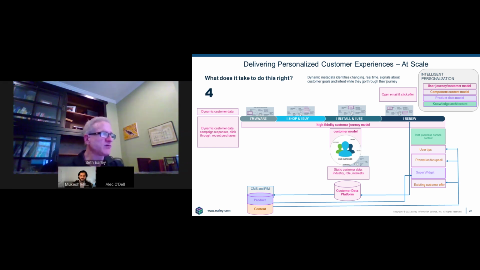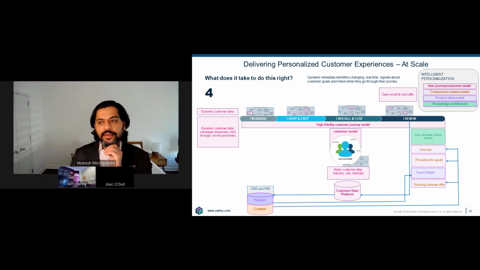I wanted to pause there for a second and get your thoughts, Mukesh. Yeah, this is fascinating, isn't it? Because I think as a concept, a personalized experience is easy, but at scale, that's when it starts to break down.